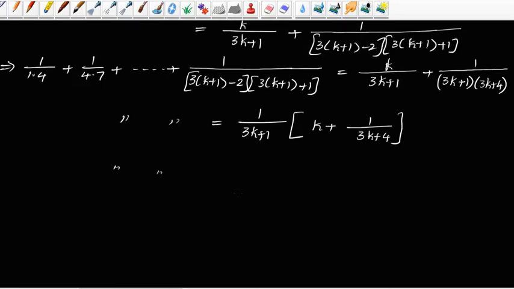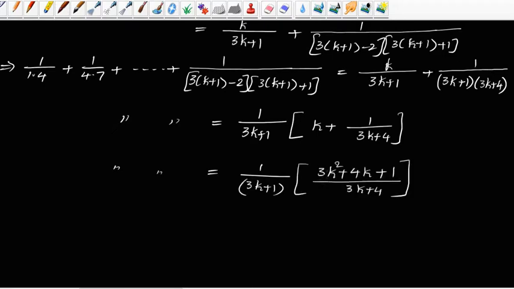Writing the LHS side the same. Now simplifying here, taking the LCM, we get this. Now we are going to factorize 3k square plus 4k plus 1.